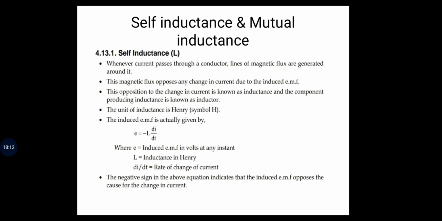When current flows, there is a magnetic flux generated. Due to the magnetic flux, an induced EMF is generated in the inductor. This induced EMF opposes the basic cause, according to Lenz's law.